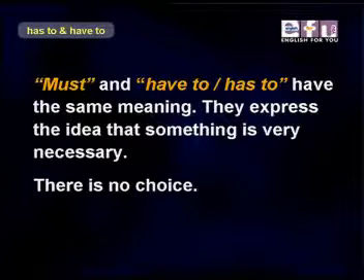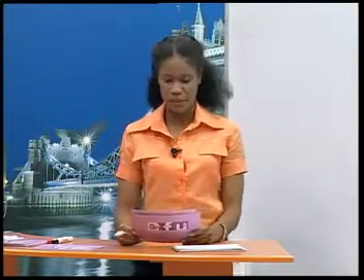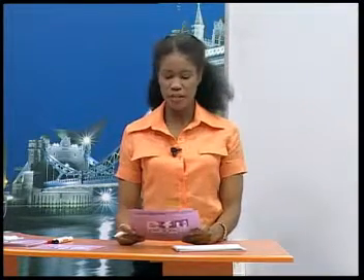There is no choice. You saw that we use the form must for all, for everyone, for you, I, he, she, it, we, and they. However, have to and has to change, like the simple present, as we know.